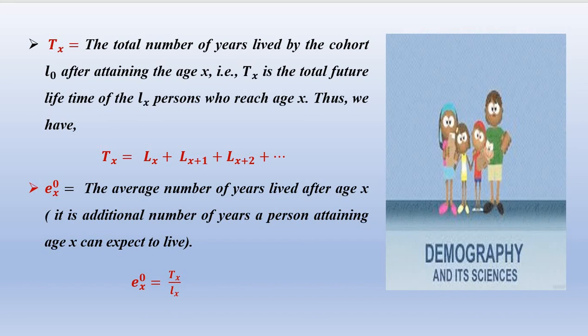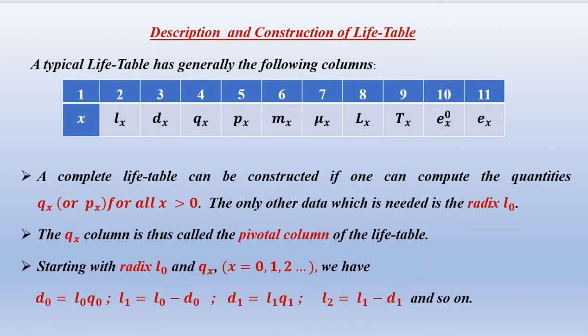Thus, we have capital Tx is equal to capital Lx plus capital Lx plus 1 plus capital Lx plus 2, etc. Then ex naught, the expectation of life, is the average number of years lived after age x. It is the additional number of years a person attaining age x can expect to live. So expectation of life ex naught is equal to capital Tx by lx.